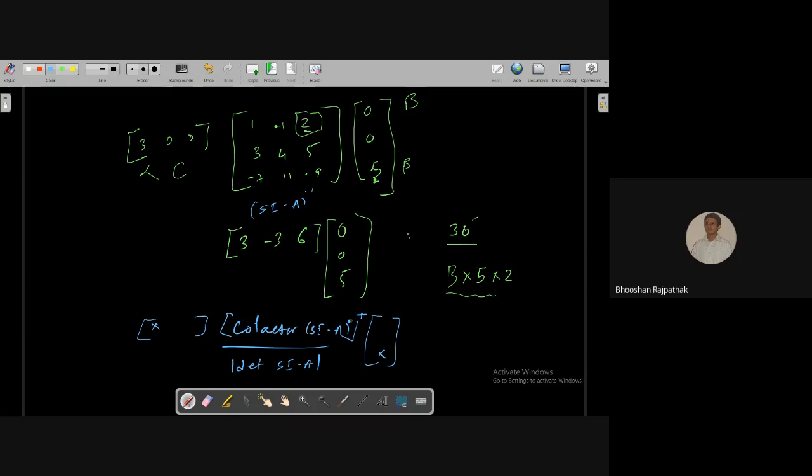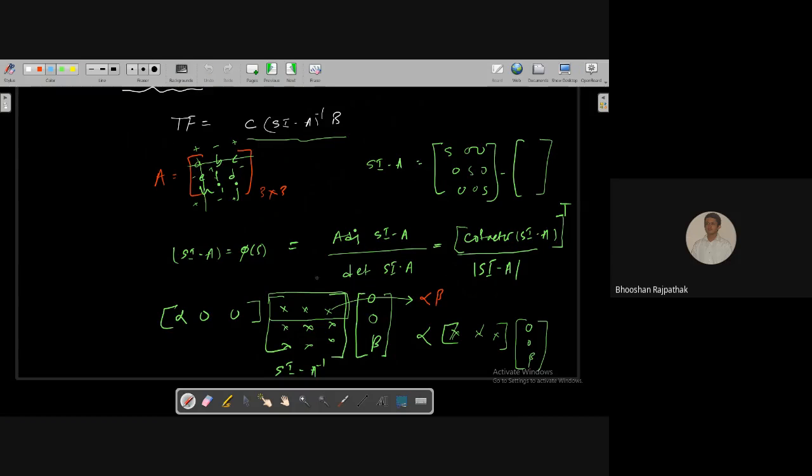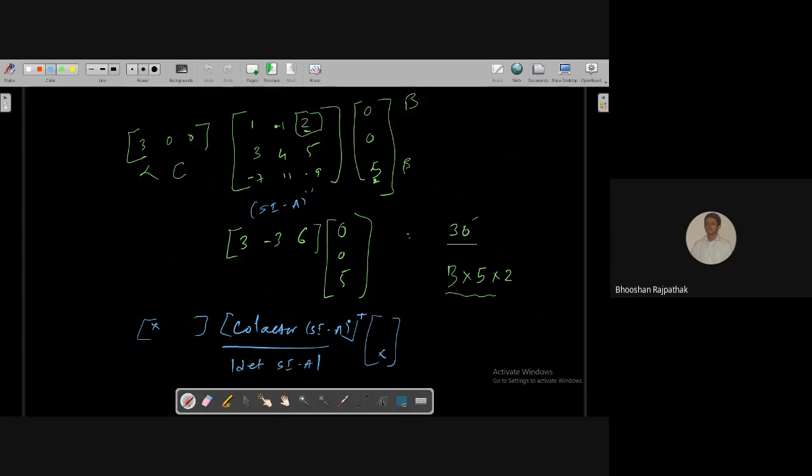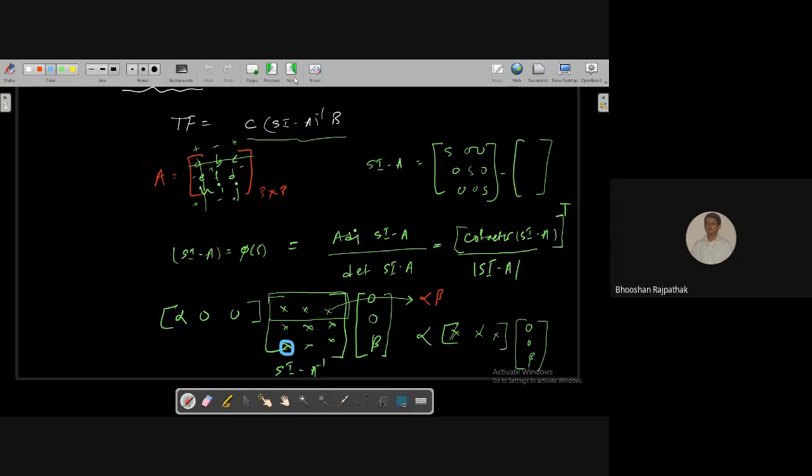If you are taking transpose, that means with original sI minus A, you are taking cofactor of this, or here, because after transpose this entry will go here. So just take cofactor of one element, multiply by C and B. That's all. That is how you can directly get the answer here.